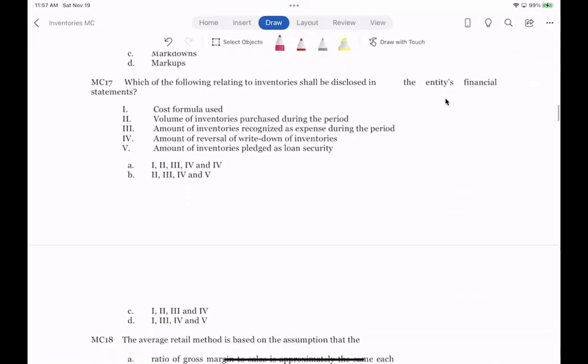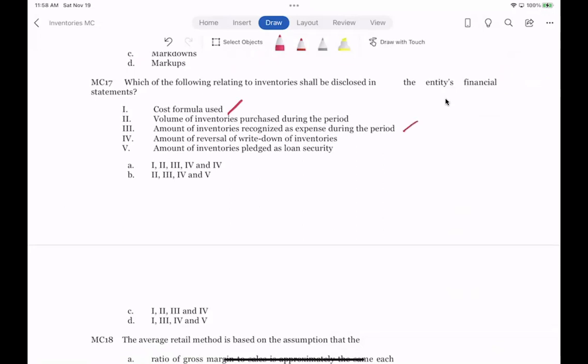Which of the following relating to inventory shall be disclosed in the entity's financial statements? Cost formula, yes, because that is part of the company's accounting policy. Volume of inventories purchased during the period. Volume means the units purchased. So is it necessary to disclose? Not necessary. Amount of inventories recognized as expense during the period. Yes.